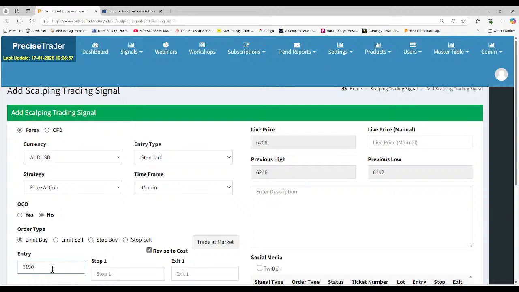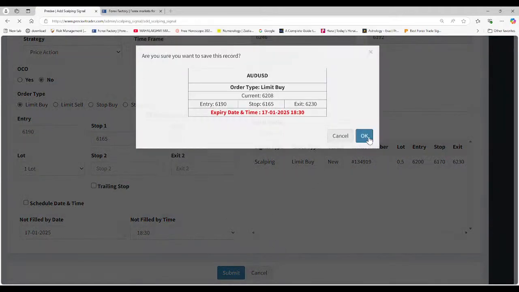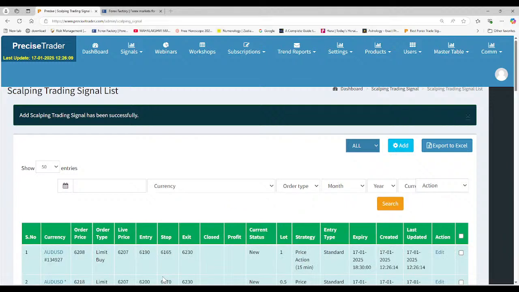Remember 61.90. Then this one we'll put a stop at 65, 62.30 again, and this round we go for one lot with a longer time, which is 18.30. That means we are going to give one more time belt for that order to get filled.